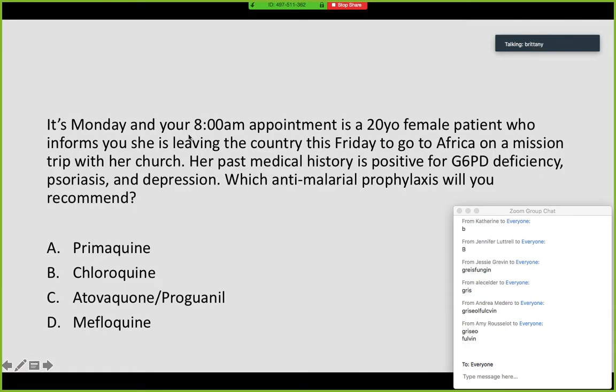Okay, so it's Monday and your 8 a.m. appointment is a 20-year-old female patient who informs you she's leaving the country this Friday to go to Africa on a mission trip with her church. Her past medical history is positive for G6PD deficiency, psoriasis, and depression. Which anti-malarial prophylaxis will you recommend?